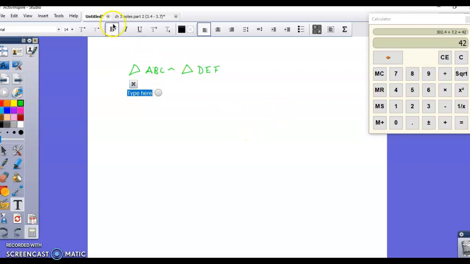And we can say if AB equals 20, BC equals 10, and let's say EF equals 6, how much does DE equal?